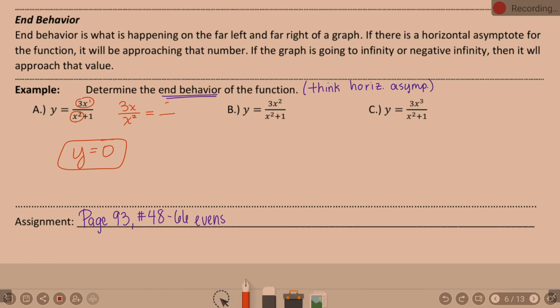So then it becomes 3 over x, which biggest power is still on bottom, right? But that's the idea that whenever the x is on bottom, we're going to have that asymptote of y equals 0, if it can reduce to that type of form. And I want you looking at that because it does relate to something here as we continue. Okay. So that was A, bigger powers on bottom. B.